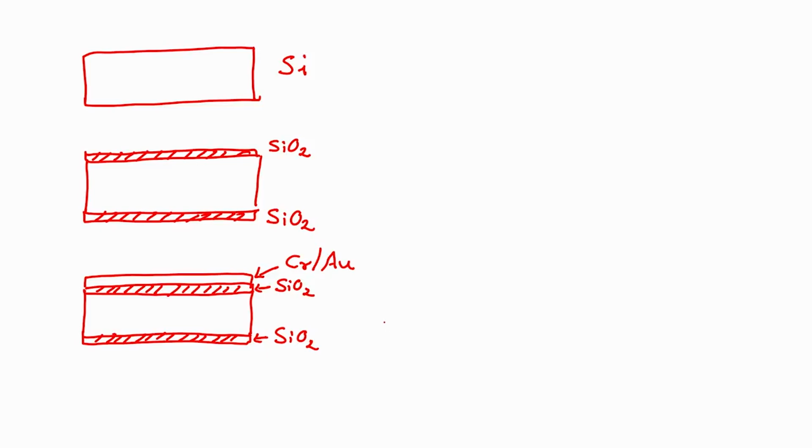Then we spin coated photoresist, then we did pre-bake at 90 degrees. This was positive photoresist, 90 degrees for 1 minute on a hot plate.